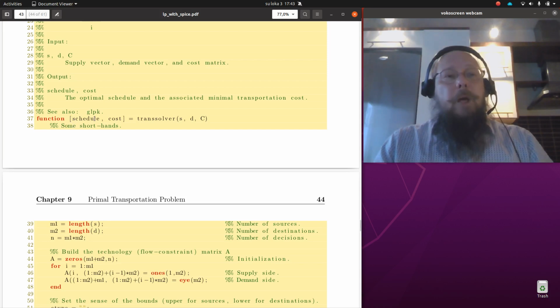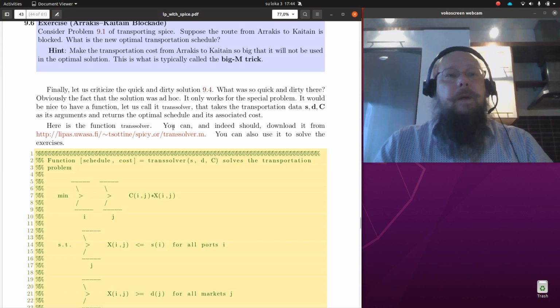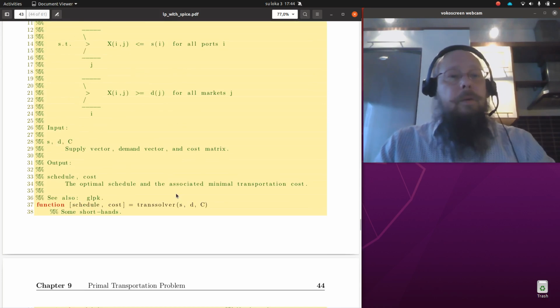So we have the output parameters, the optimal schedule, and then the associated cost, schedule cost, then the name of the function, which is the same as the file, so that's trans solver. Note the two S's there, and S, D and C, the input parameters.